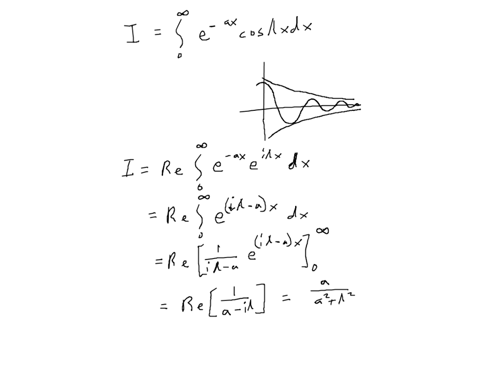You can do the same thing if this were a cosine, or sorry, a sine. If you had this integral, then that would be equal to taking the imaginary part of the integral.